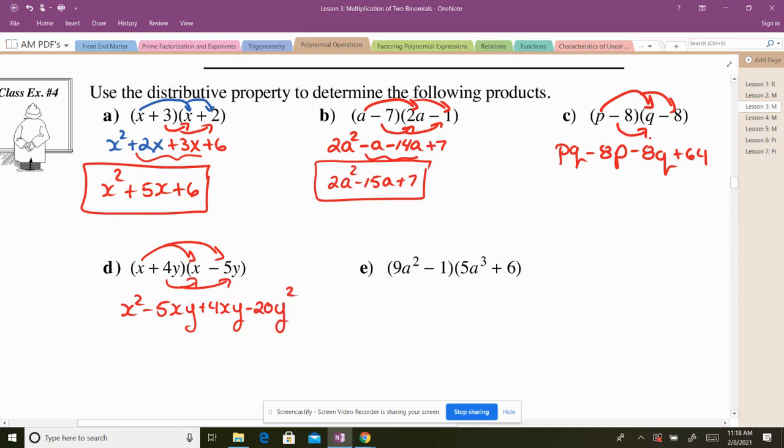Are there any like terms? What's the sign on this 5? No, they are like terms, but just don't forget the negative. So what does it combine to? Negative xy. Perfect. So it's x squared minus xy minus 20y squared.